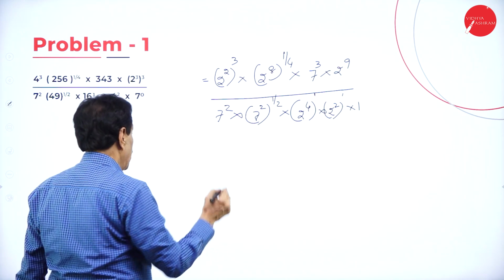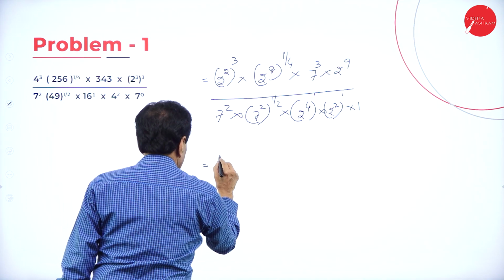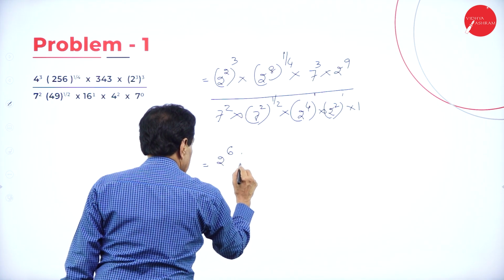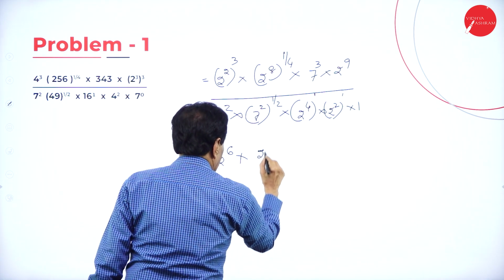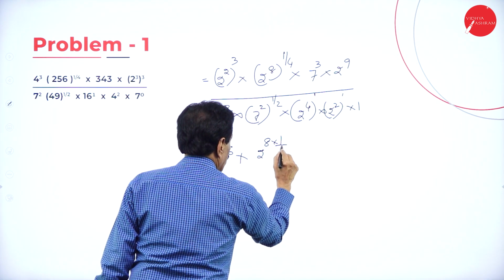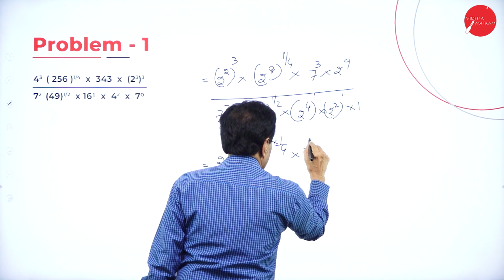We'll go to simplification. This is 2 to the power of 6 into 2 to the power of 8 into 1 over 4. This is 7 cube.